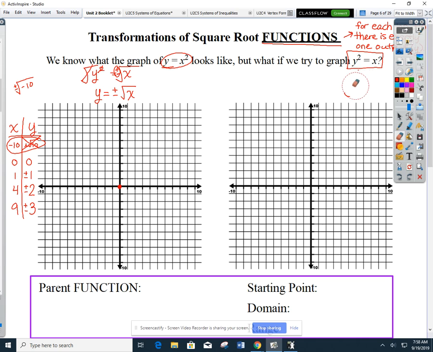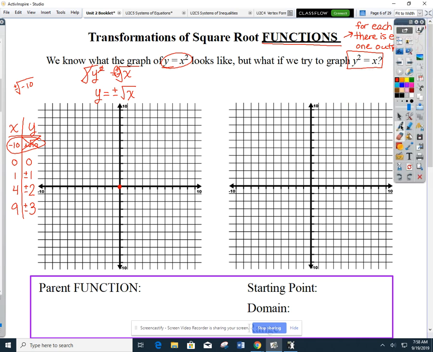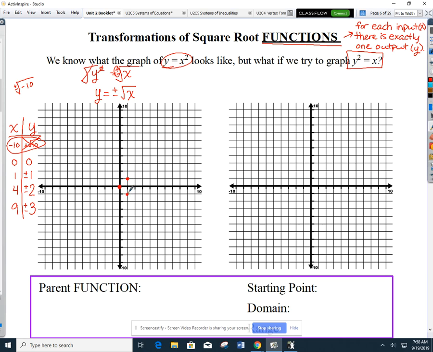Okay, we're going to plot those points on the graph, so you can go ahead and plot them on that first graph. So we're going to plot 1, positive 1 and 1, negative 1. Then 4, positive 2 and 4, negative 2. And then 9, 3, and 9, negative 3.